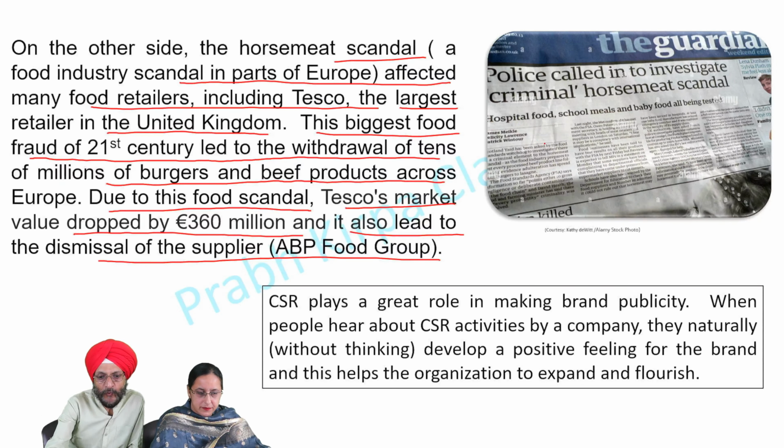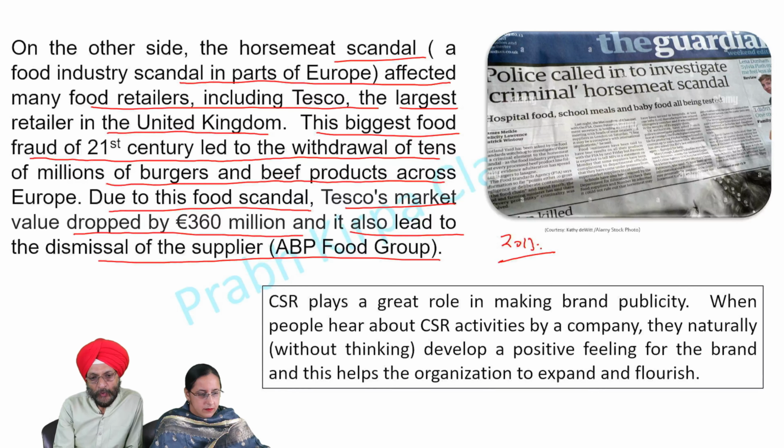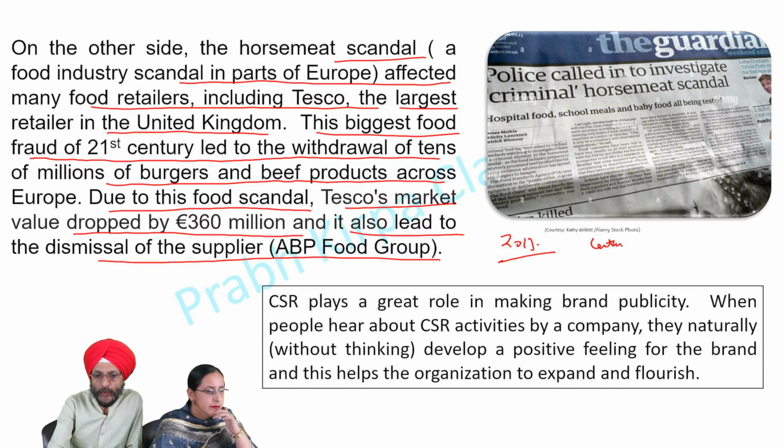This was a food scandal which is known as the 2013 horse meat scandal. This scandal was reported in many countries of Europe. It was reported that a certain food was advertised to contain beef.